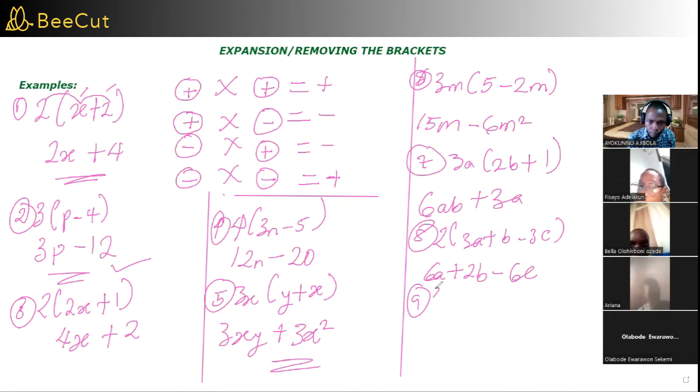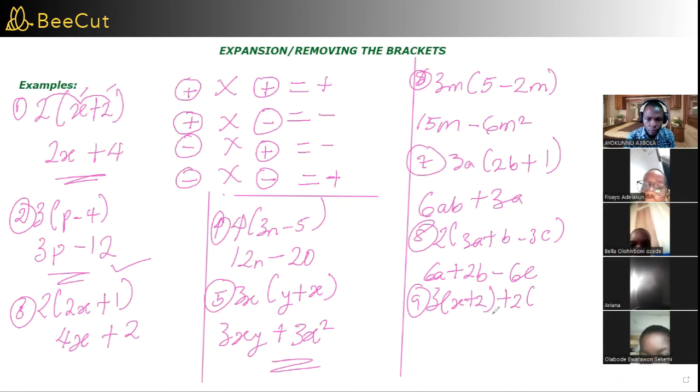So 3 into x plus 2, then plus 2 into 2x minus 1. So look at this, concentrate. I'm going to give you something like this as well. So 3 into x plus 2 plus 2 into 2x minus 1. So 3 is going to multiply the first bracket, 2 is going to multiply the second bracket.